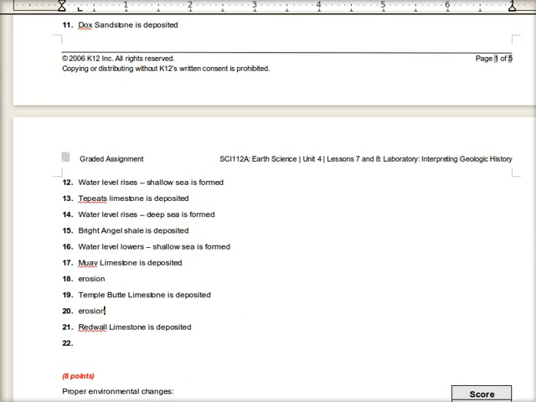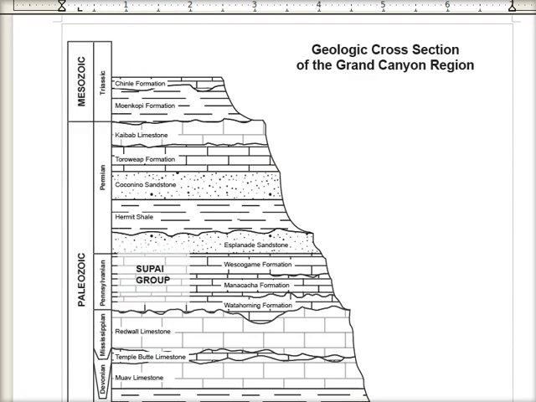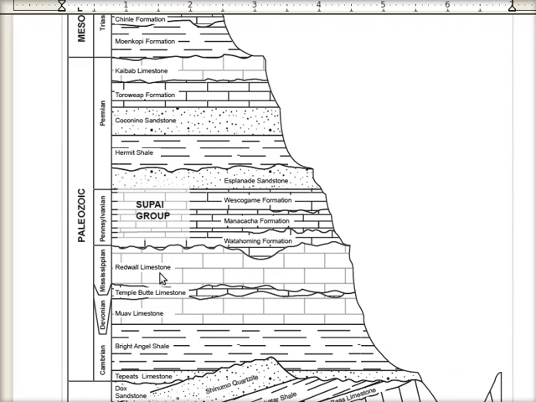Alright, I'm going to leave the very last one for you. What happens right after the Redwall limestone is deposited? Let's take a look at it together. At the Redwall limestone, I can see by the way they fill it in that this Watahomigi formation is limestone also.